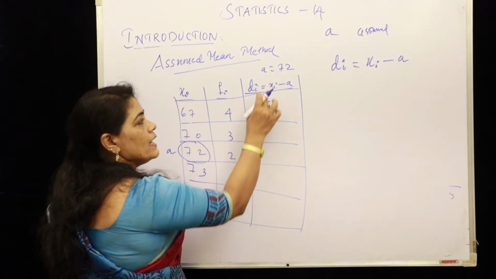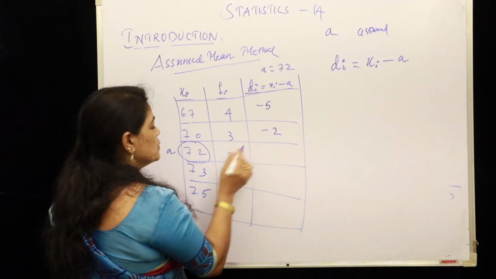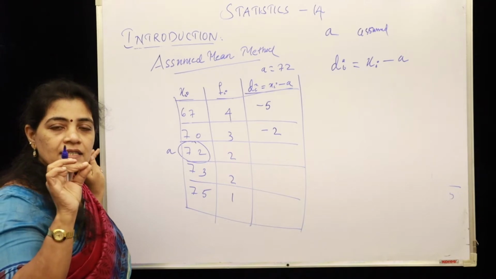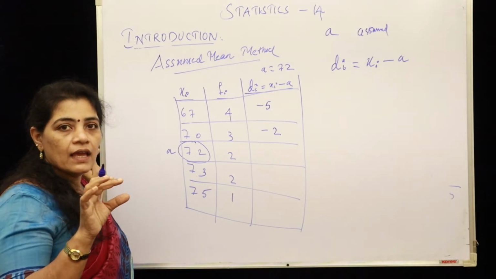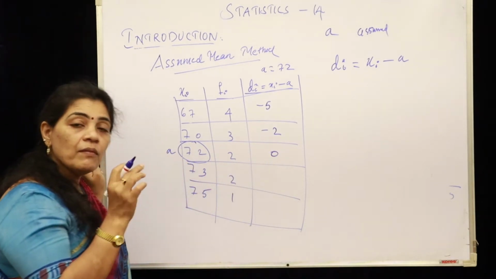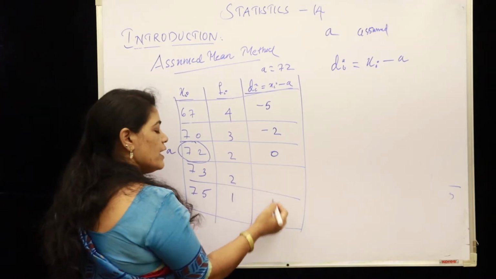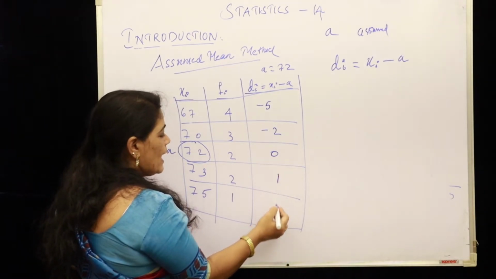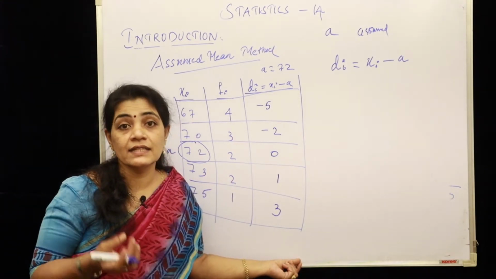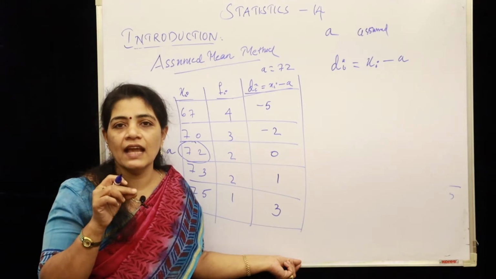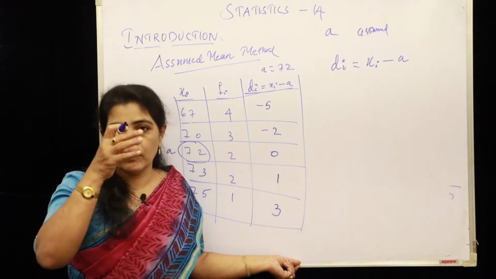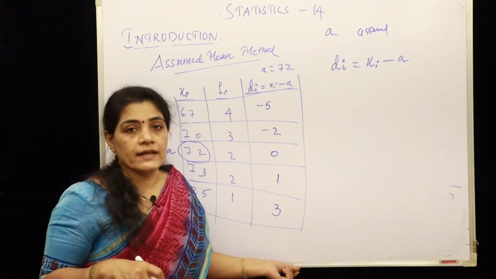Here 70 minus 72 is negative 2. 72 minus 72, xi takes the value of the assumed mean a, that is 0. Then 73 minus 72 and so on, now you will get positive values 1 and 3. So how to prepare the third column is clear: the di column, xi minus a, where a is one value from almost the middle of the xi column.